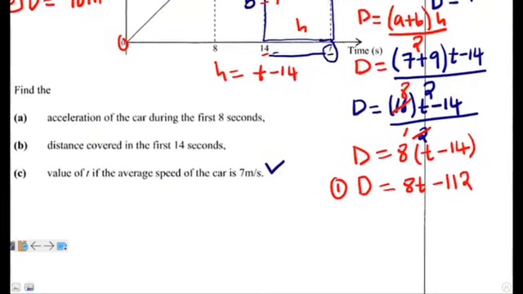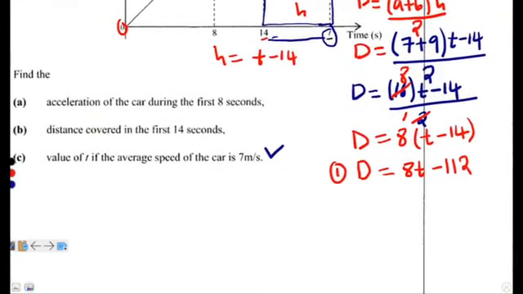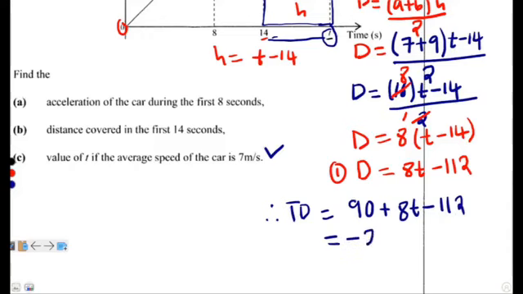Since we want to find the total distance, and we have our first distance, therefore total distance is equal to the first distance in the first 14 seconds, that was 90, plus the second distance, which is 8t minus 112. So this will give us 90 minus 112, which is negative 22, plus 8t. So this will be the total distance.